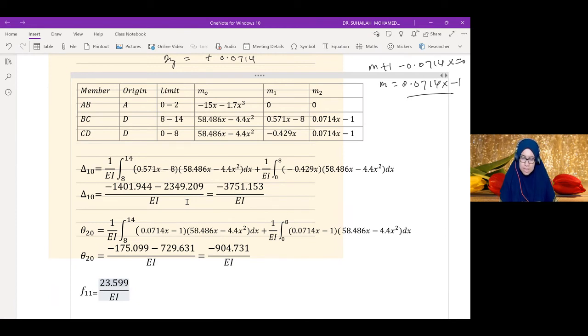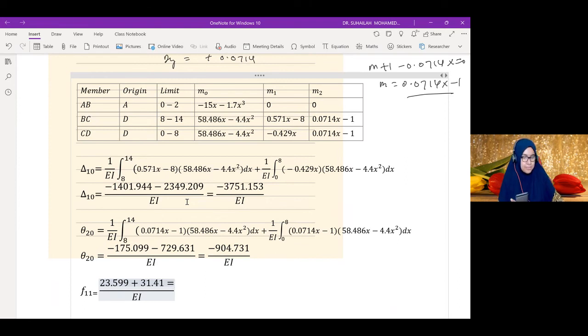For CD, it is negative 0.429 x square from 0 to 8. So we get 31.41, it is positive. So we add it back with 23.599, so we get 55.009.